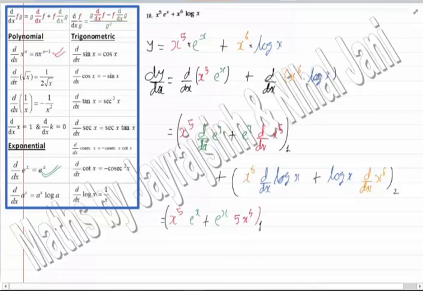This is our first bracket plus the second bracket, x raised to 6 as it is, differentiation of log x is 1 by x, plus log x will as it is, differentiation of x raised to 6 is 6x raised to 5. Ta-da! You can simplify this if you want, but here we will accept this as your final answer.